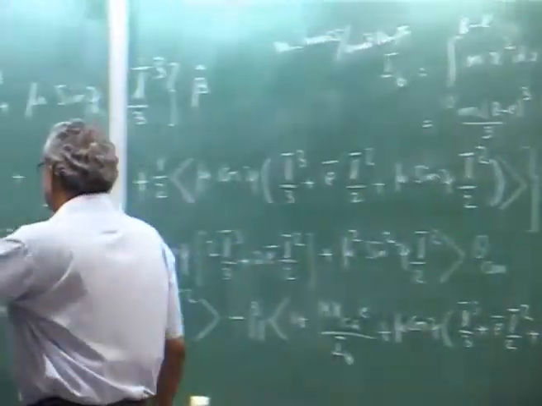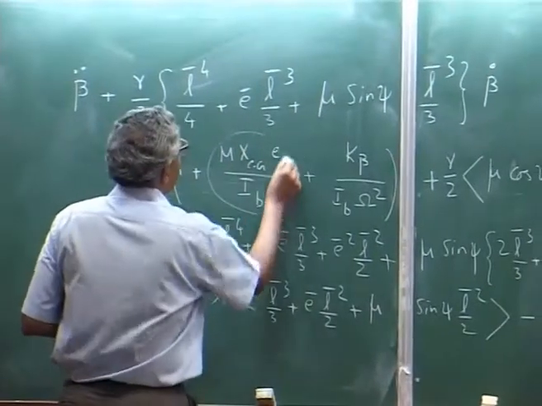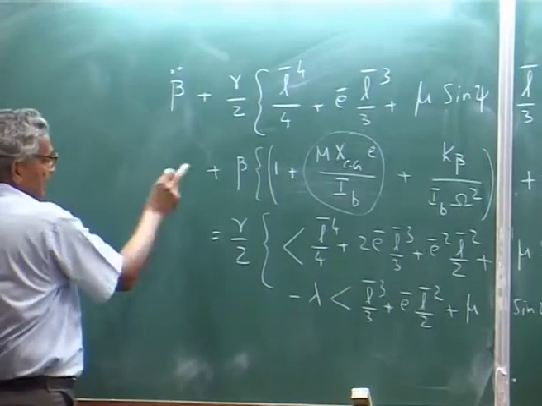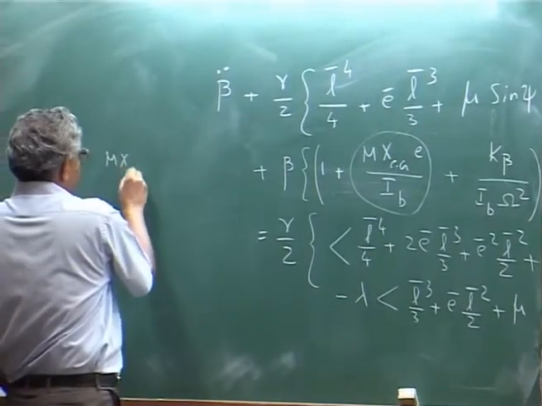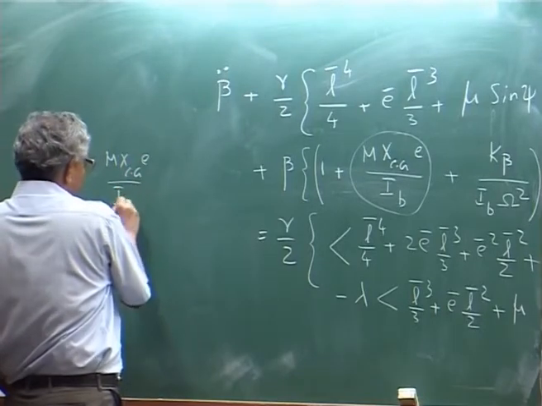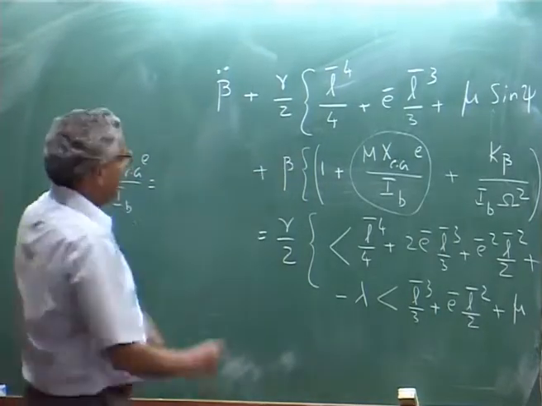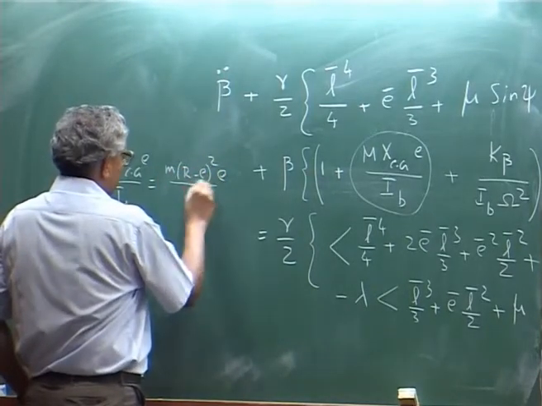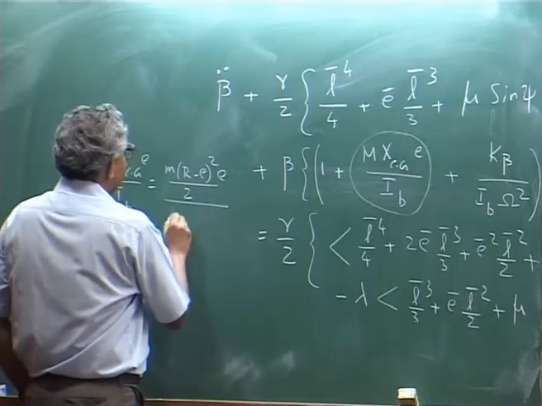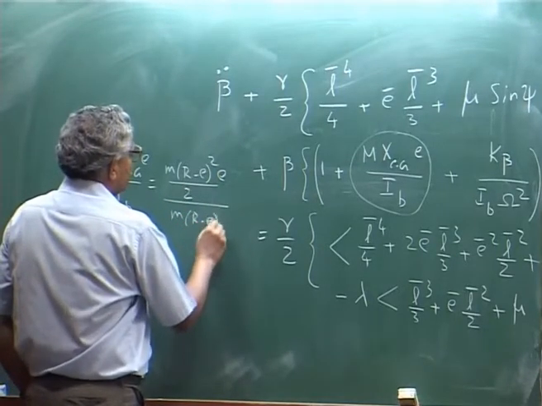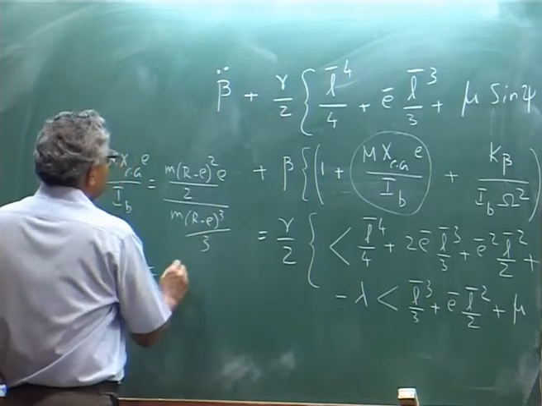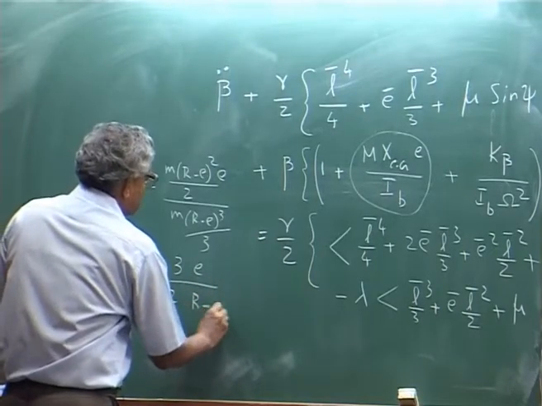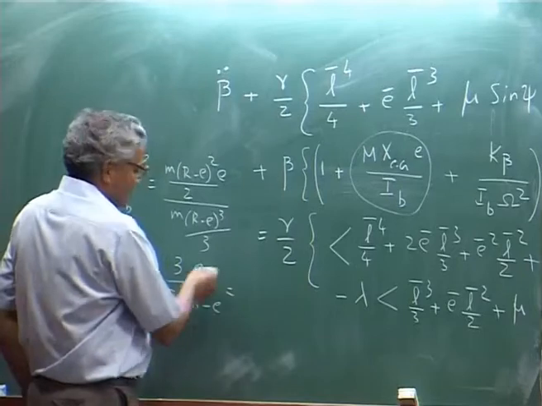Now, if I substitute in this place, that will be m x c g E over I b, which becomes m r minus e whole square E over 2 divided by m r minus e whole cube over 3. So, this will become 3 E over 2 r minus e, which you can write as non-dimensional.